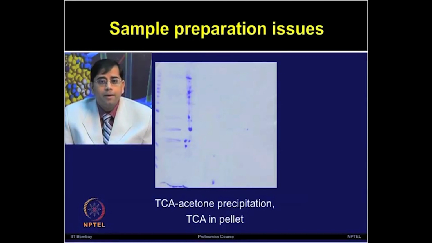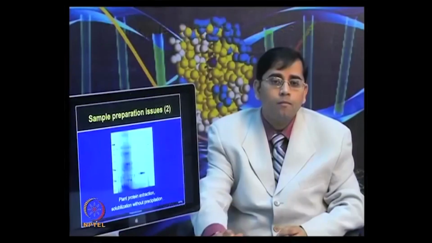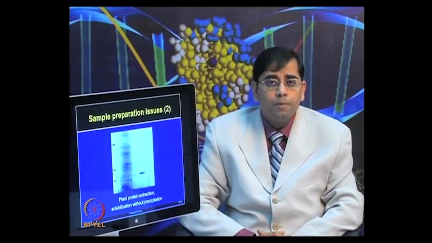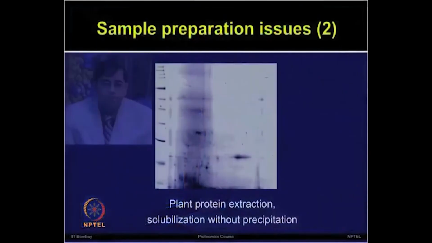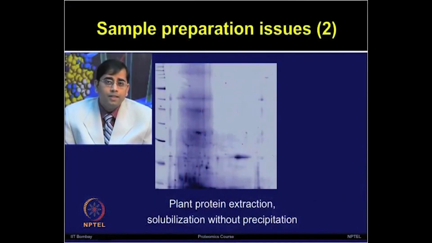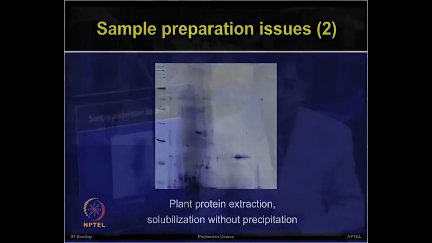So, TCA still remained in the pellet and one can obtain the pattern as shown in this gel. Now, if you are performing plant protein extraction, but the solubilization is not sufficient, without precipitation, one can see this type of streaking and uneven gel pattern.